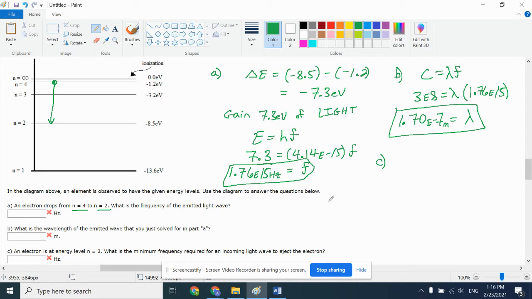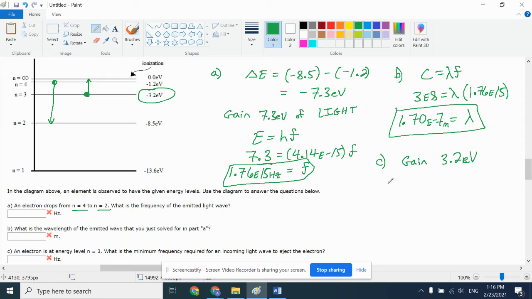Question C says an electron is at energy level n equals 3. So that's right here. And what's the minimum frequency required for an incoming light wave to eject? So in order to eject this, I have to gain 3.2 electron volts. That's essentially what the work function is at n equals 3, right here, 3.2.